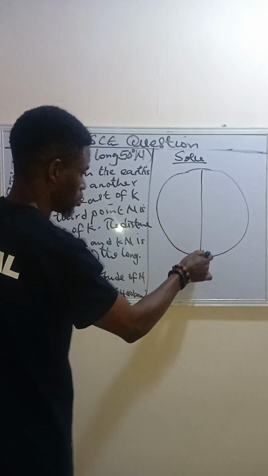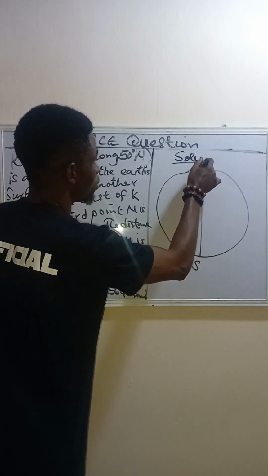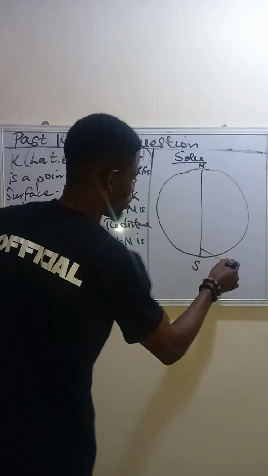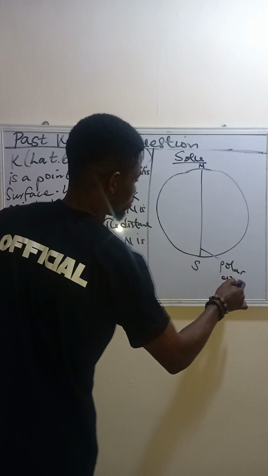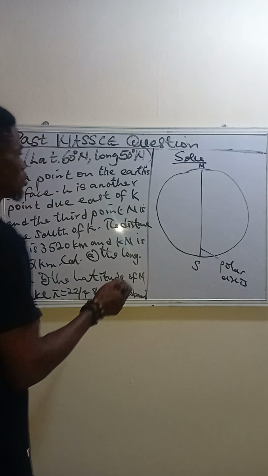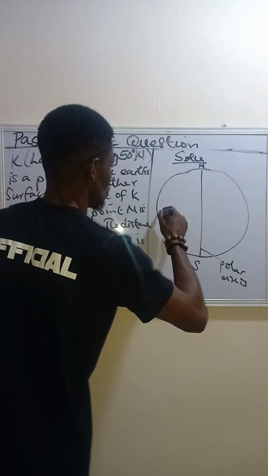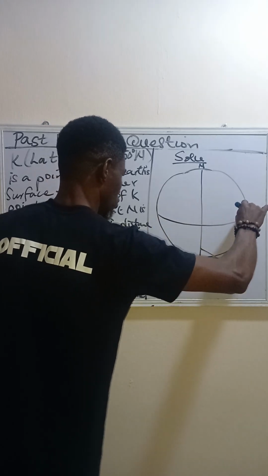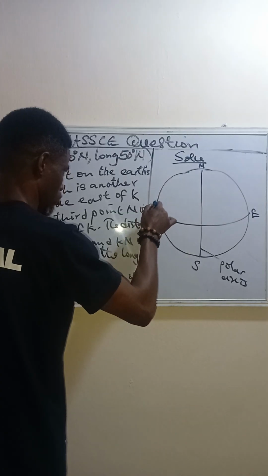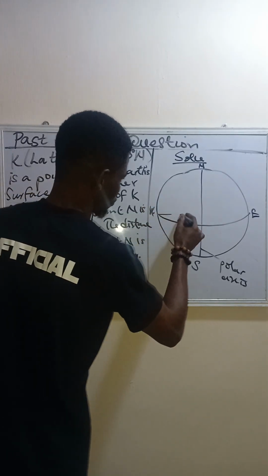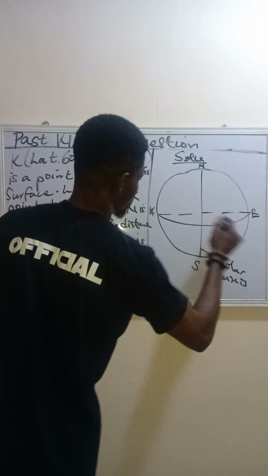Then this is the polar axis. So this is the equator. Here is east, here is west. This is the equator.